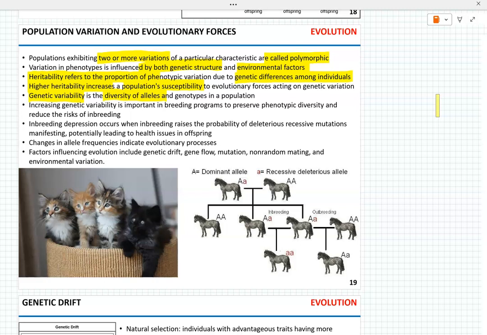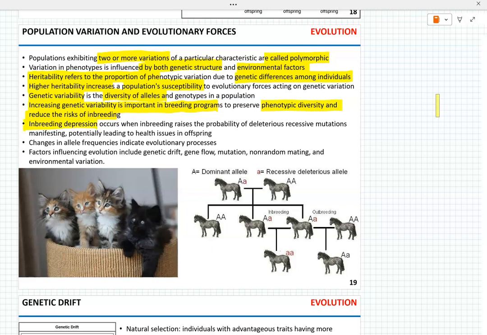As you can imagine, large genetic variability is very important in breeding programs for plants and animals, because that will preserve the phenotypic diversity and reduce the chances for inbreeding. There's a term for negative effects of inbreeding called inbreeding depression.